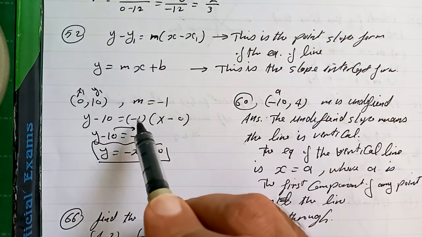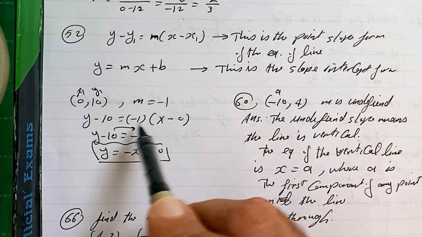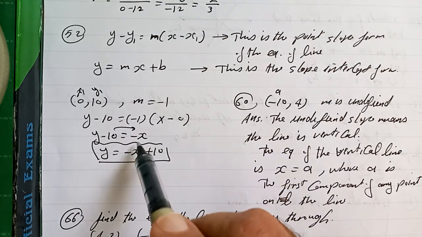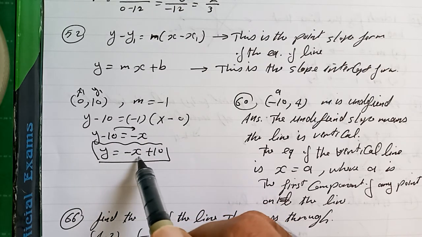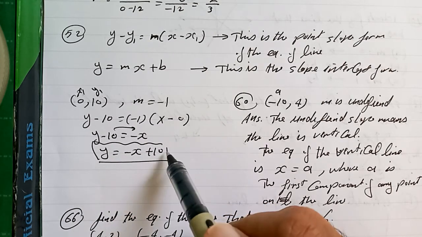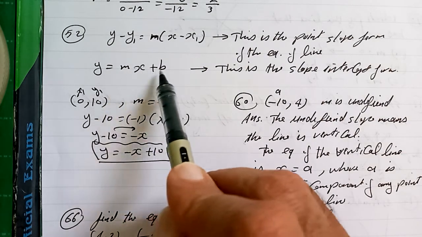Then simplify this equation. Negative 1 times x is negative x, and negative 1 times 0 equals 0. Take the negative term to the other side, to be y equals negative x plus 10. So I wrote it now in slope-intercept form.